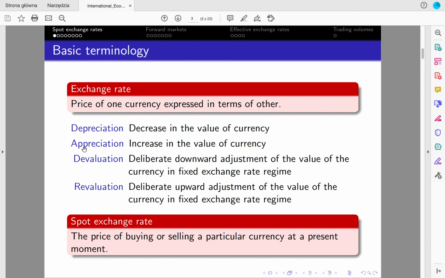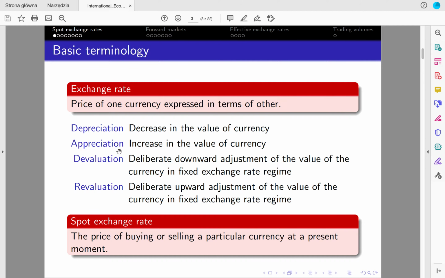Well, the opposite situation is when we have appreciation. So this is simply an increase in the value of one currency, which means that now with 1 unit of, let's just say, domestic currency, we can buy more units of foreign currency.